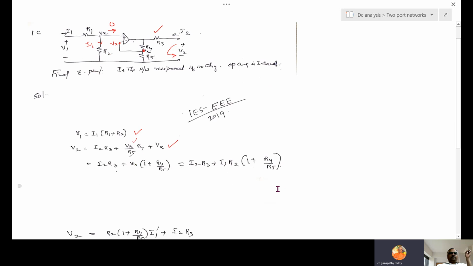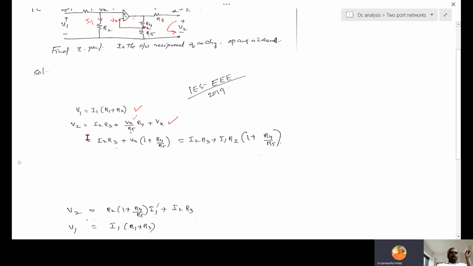So to find the Z parameters, what we have to do? V1, V2 expressed in terms of I1, I2. So this must be Z11. This must be Z12.